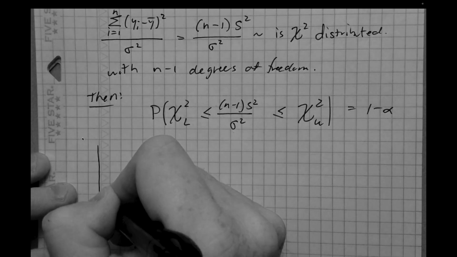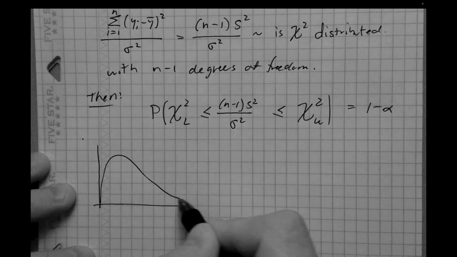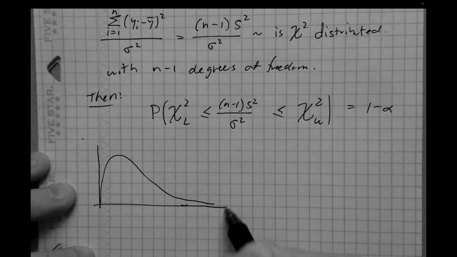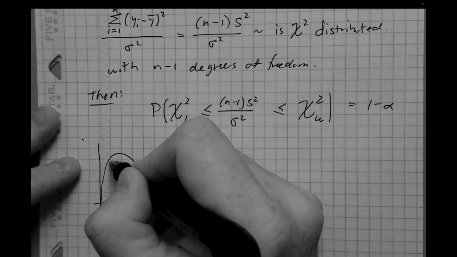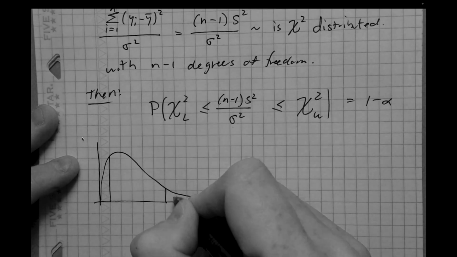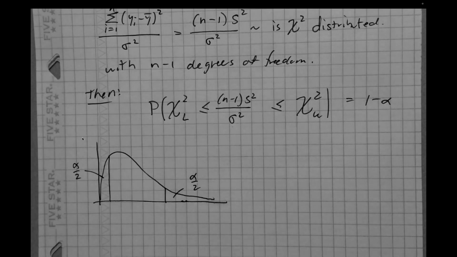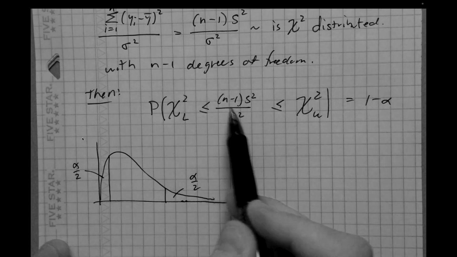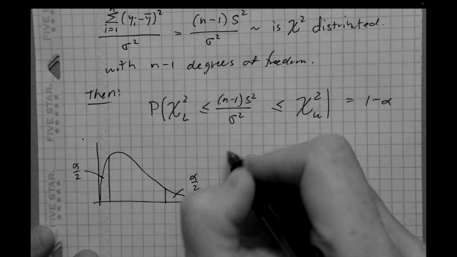Remember, chi-squared has different appearances depending on the degrees of freedom, but one way it looks is like this. If you're trying to get alpha over 2, you aren't necessarily going to be equal distance from your pivotal value. So we need to choose points that cut off equal areas.